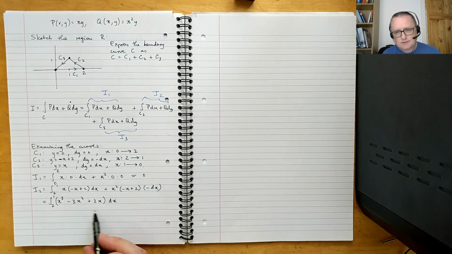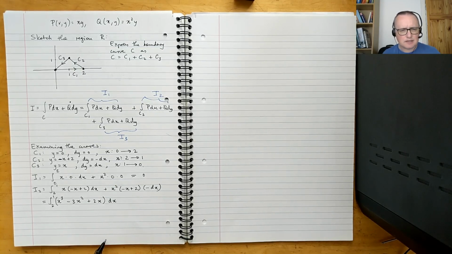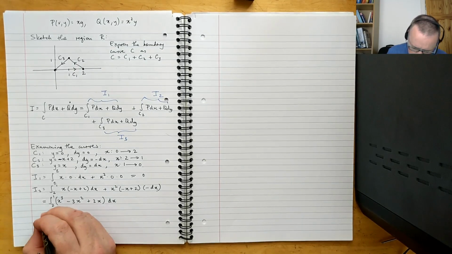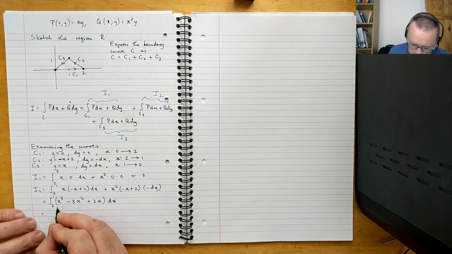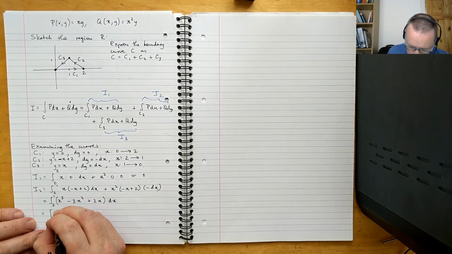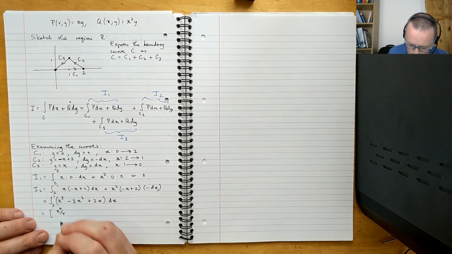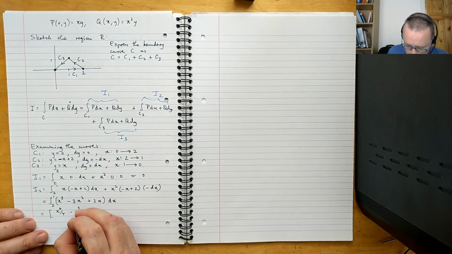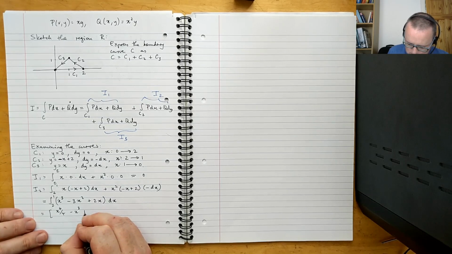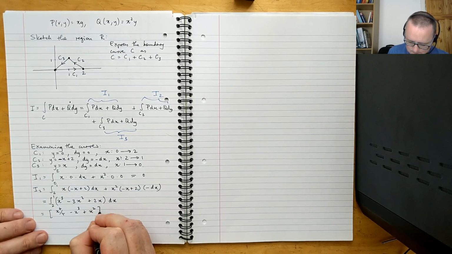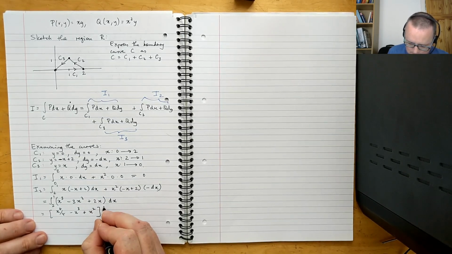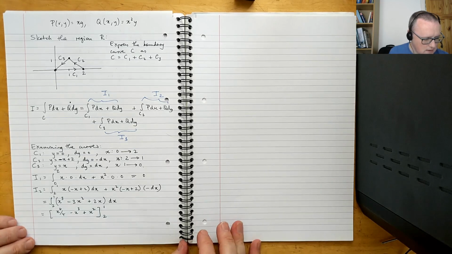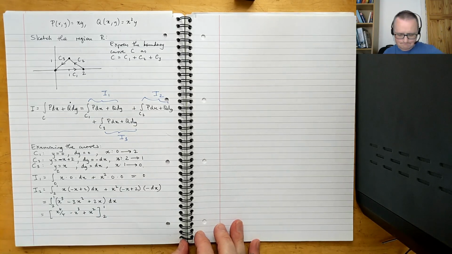Okay, so now this is a very familiar looking single variable integral. So we can just go ahead and integrate it quickly. x cubed integrates to x to the power of 4 over 4. Minus 3x squared goes to minus x cubed. 2x integrates to x squared. And this gets evaluated at 2 and 1.